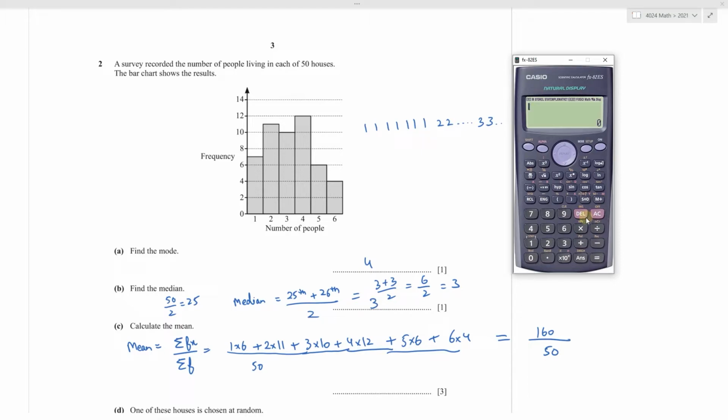So this is 160 divided by 50. I think I missed something. Let's see: 6 plus 22 plus 30 plus 48 plus 30 plus 24. 160 divided by 50.